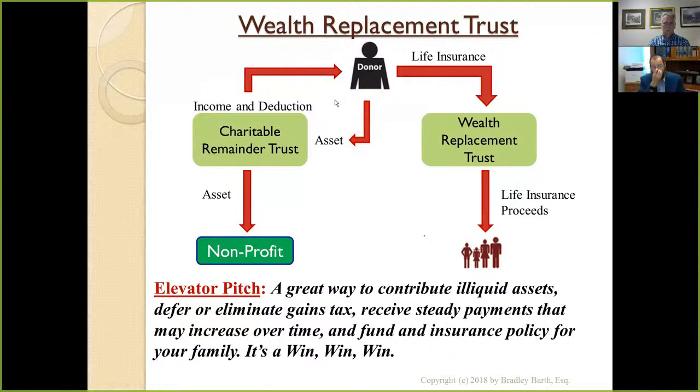But as I mentioned to you, because it's a charitable remainder trust, if I put $1 million in, what did I say earlier? That for every action, there's an opposite and equal reaction. If I'm putting $1 million into a charitable entity, who's not getting the $1 million? Your beneficiary. The kids, right? So sometimes we don't want to disinherit our kids for the benefit of the charity.